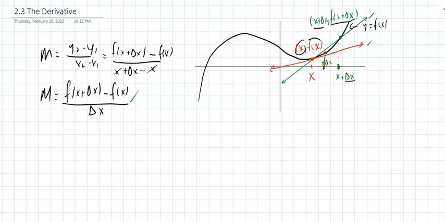Find the slope of this secant line. And can you see what just happened? The slope of that line will still be this, because you're going to call this delta x, right? So the brown line is closer to the red line than the green line was.